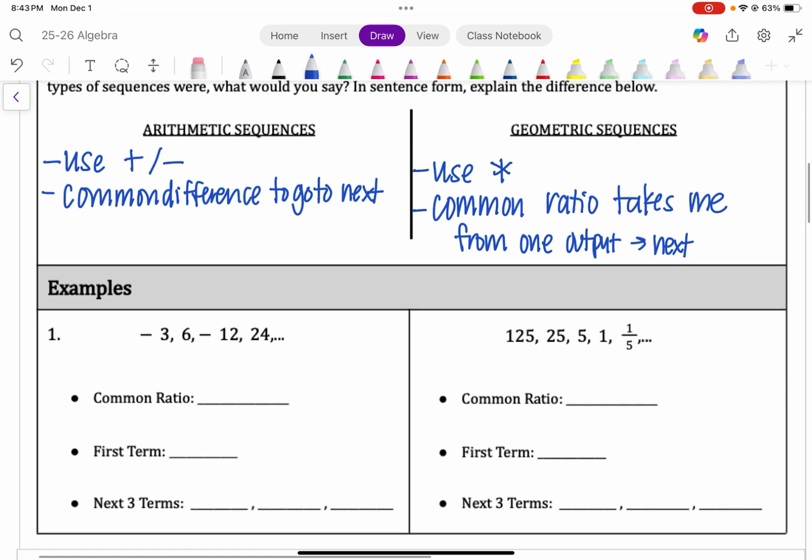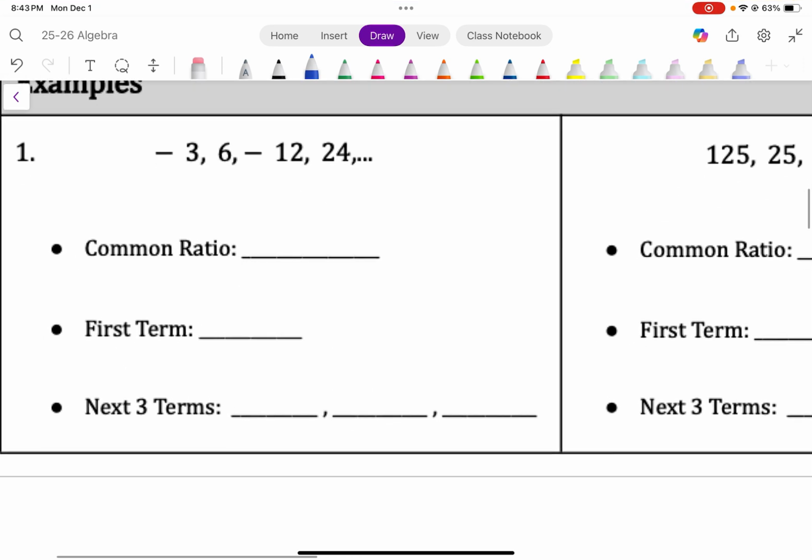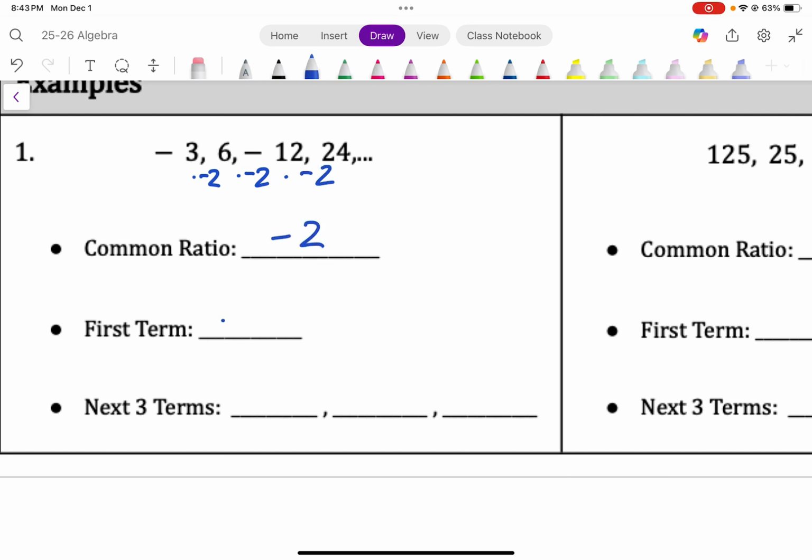Okay, so our first example, we go from -3 to 6, 6 to -12, -12 to 24. So we're multiplying by -2. So that's my common ratio. And the first term in this sequence is -3. And now our next term, 24 times -3.